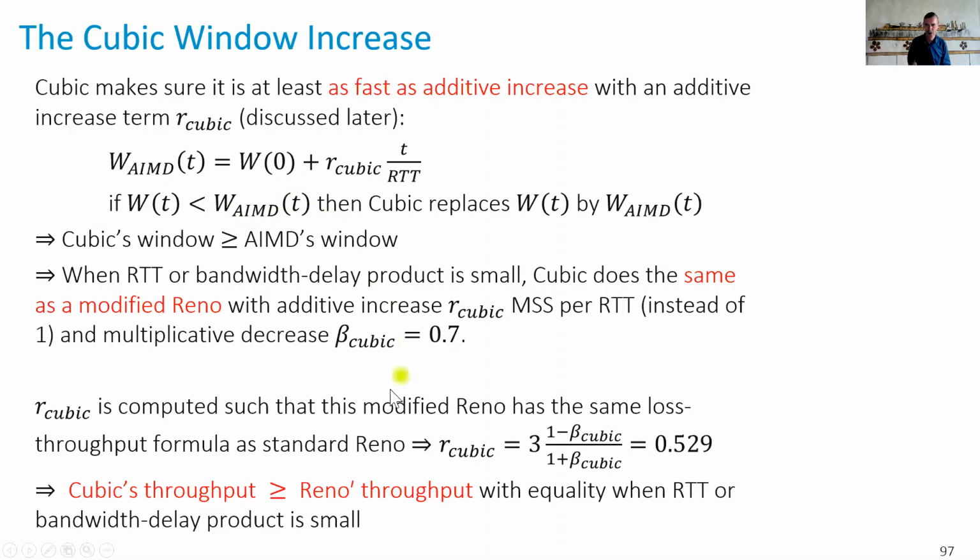So it will compute the window that it would get with additive increase and will take the best of the two. Now, while doing that, there's a small complexity, which is that Cubic does a multiplicative decrease by a factor of 0.7. So the beta, which for Reno is 0.5, is 0.7 here.